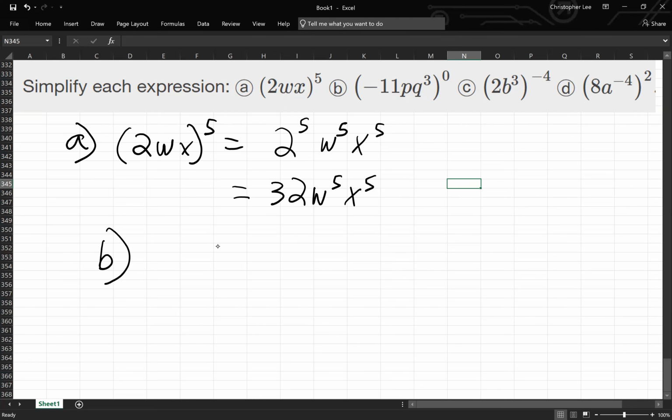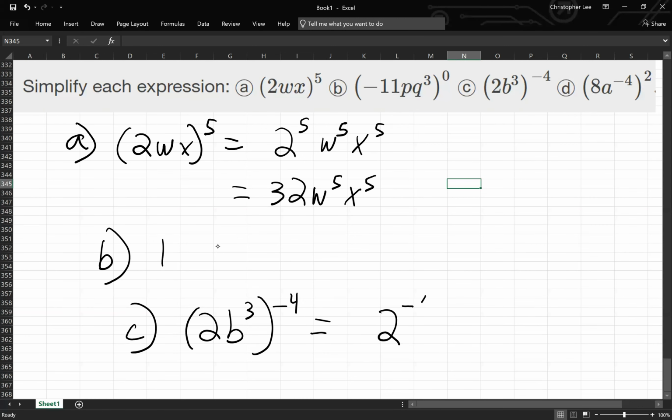What about B? What's the answer for B? 1. All right, I don't even want to write that out. That's a lot of work. So what is this? This is 2b to the third raised to the negative fourth power. What's this? Close. 2 to the negative 4. And then you're going to have b to the third raised to the negative 4, right?